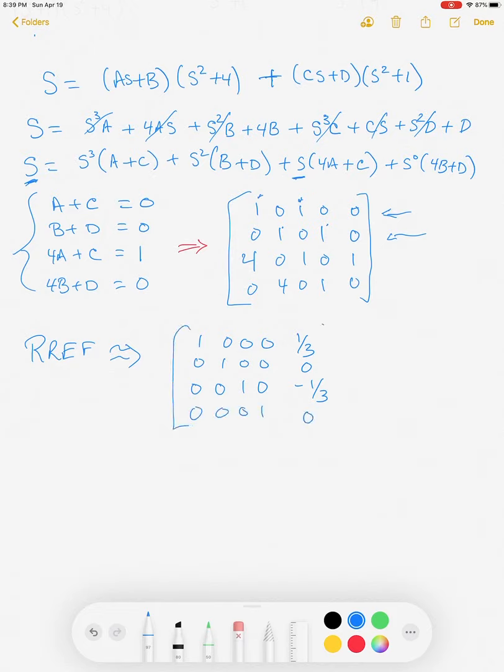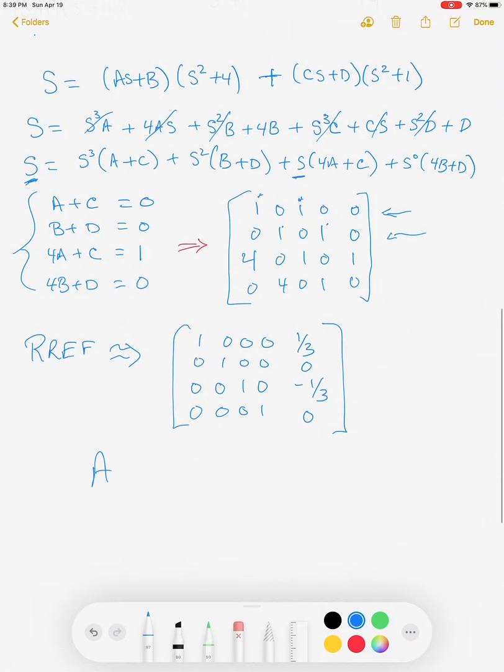That was my system that I ended up with. So that means that A should equal 1 third, and C should equal minus 1 third.